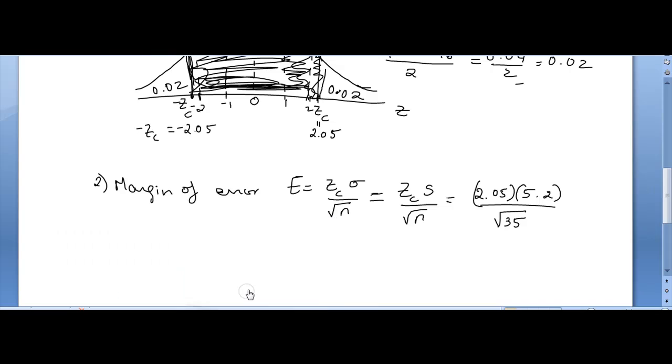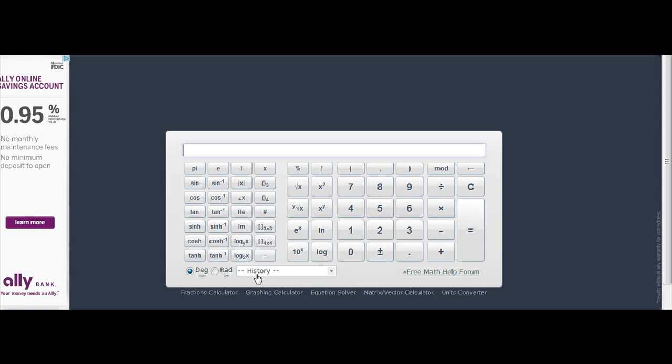So let's calculate 2.05, that is ZC, times the standard deviation 5.2, divided by square root of n, which is 35. And we get 1.801, etc. Now, depending on how many digits you need to round up, accordingly you will choose the decimal places.